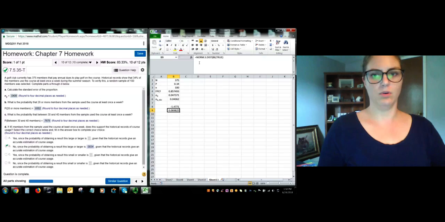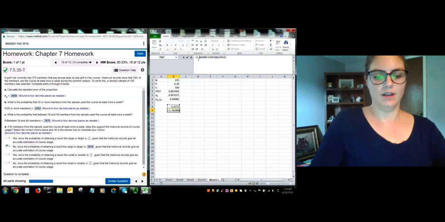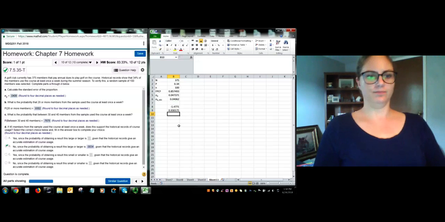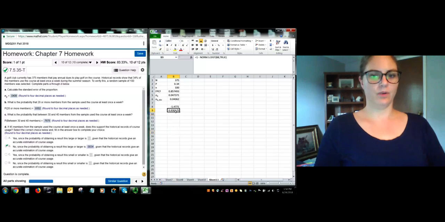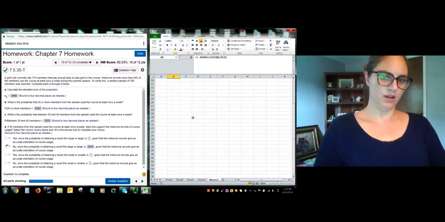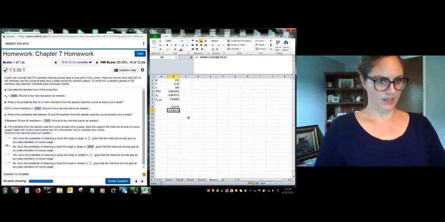Since it's 'or more,' remember it's going to be 1 minus that. Given that 34 out of 100 people are known to play, what's the probability that 28 or more are going to play on average? It's obviously going to be high, around 93% here.